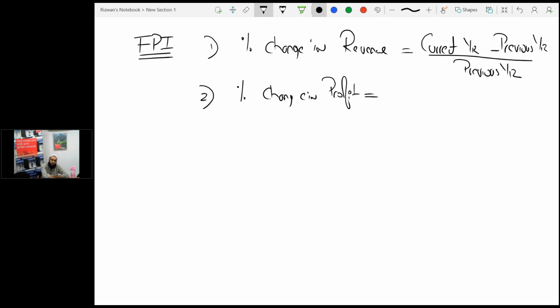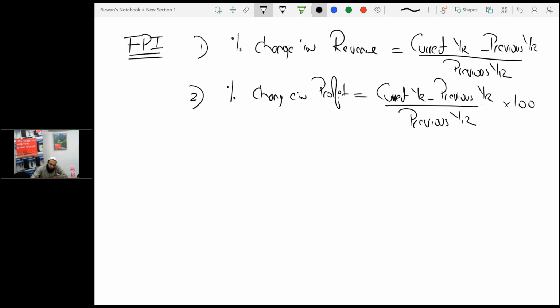And the way is again a similar one: current year minus previous year, divided by previous year. So this is percentage change in profits and percentage change in revenue.